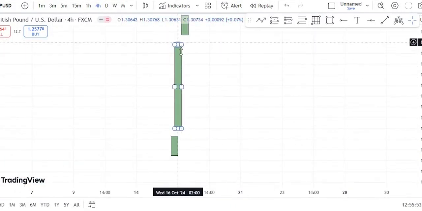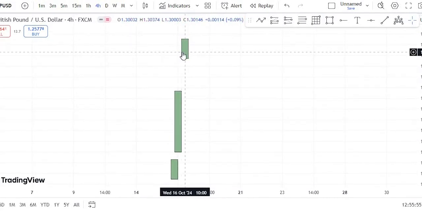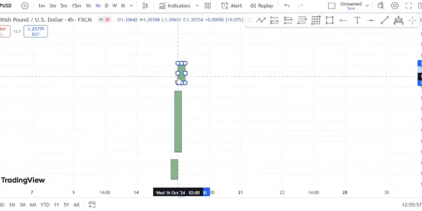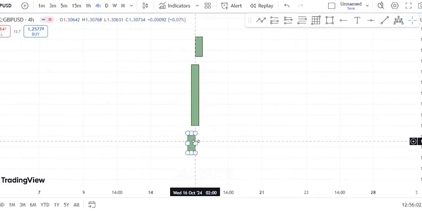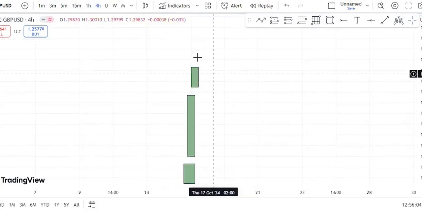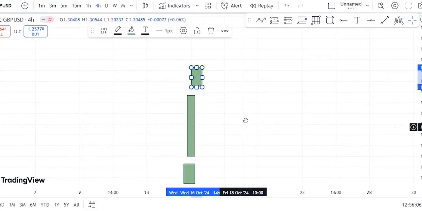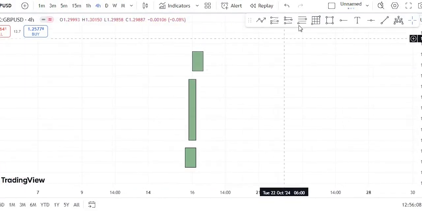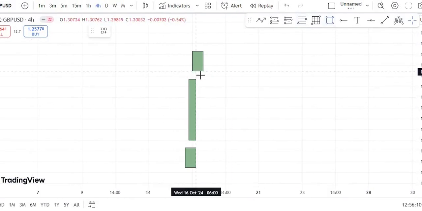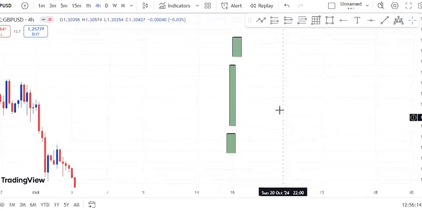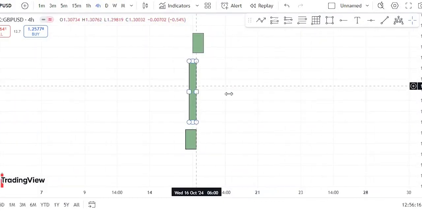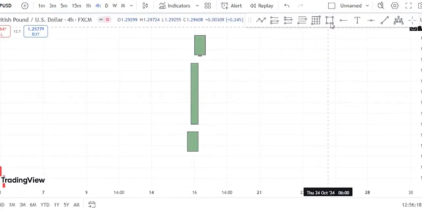The market can do something like this, but for explanatory purposes, let's do something minimal like this. So the space in between the first candle and the third candle is what we call the fair value gap, and this is the space right there, right in this middle.